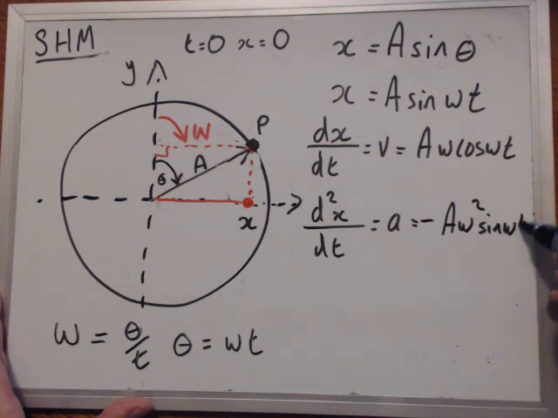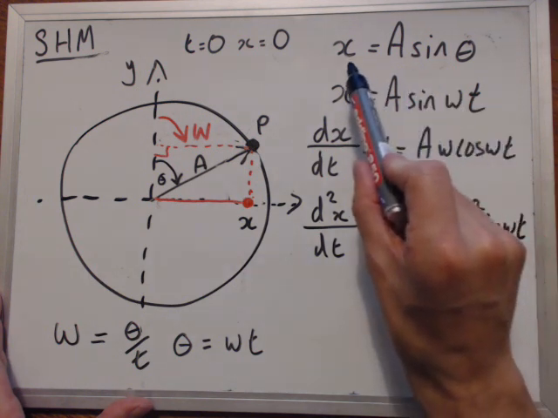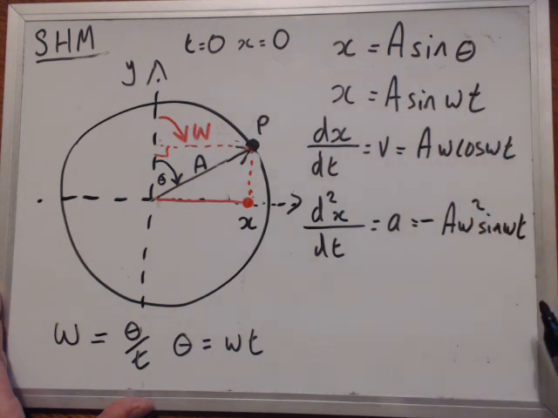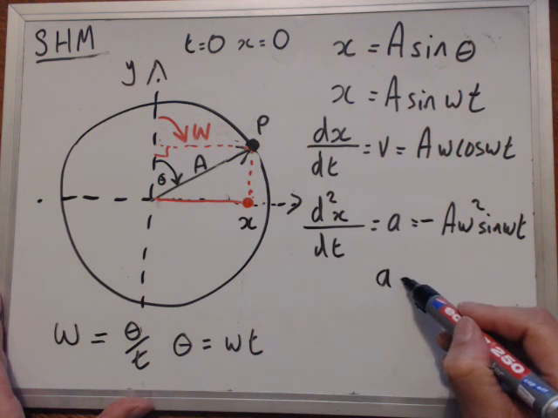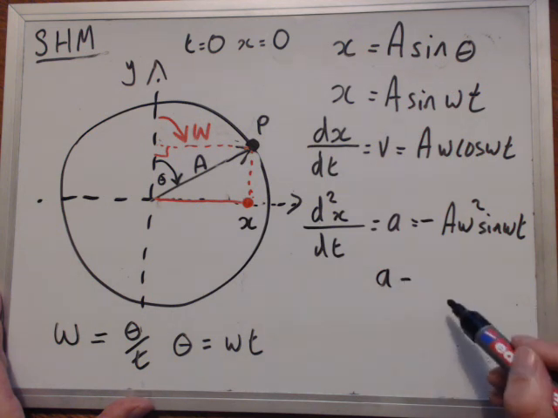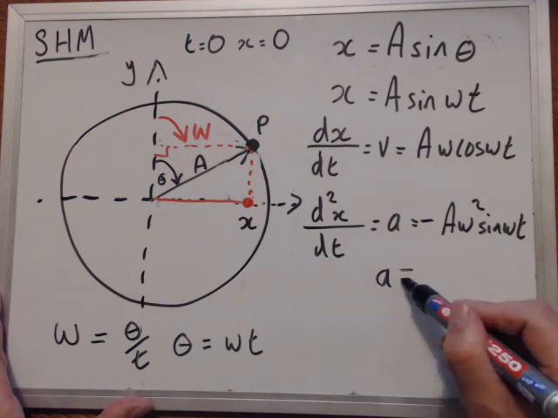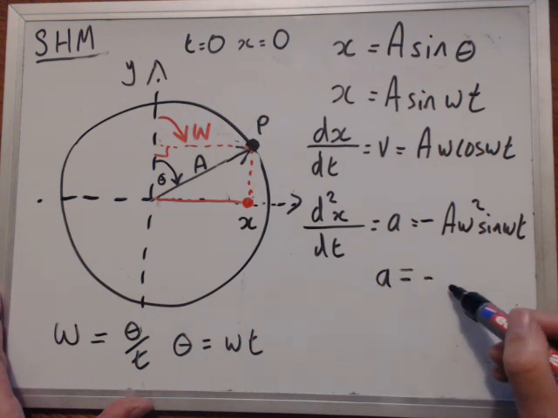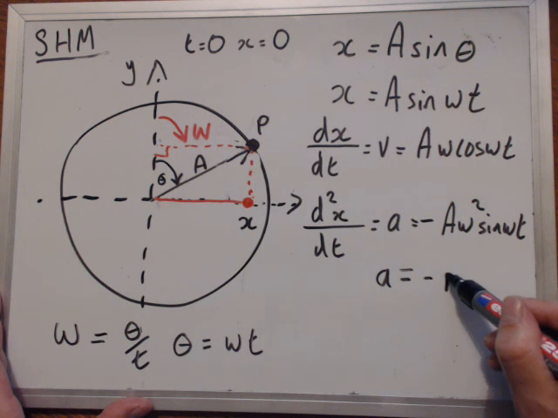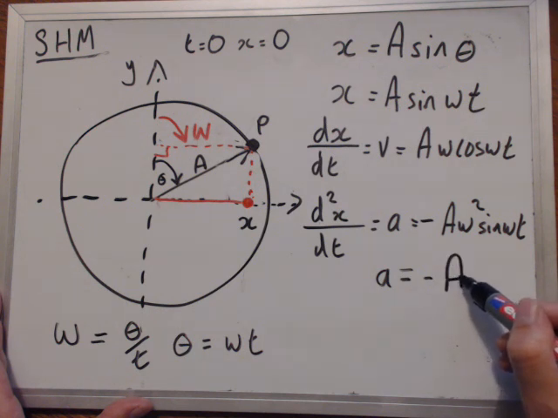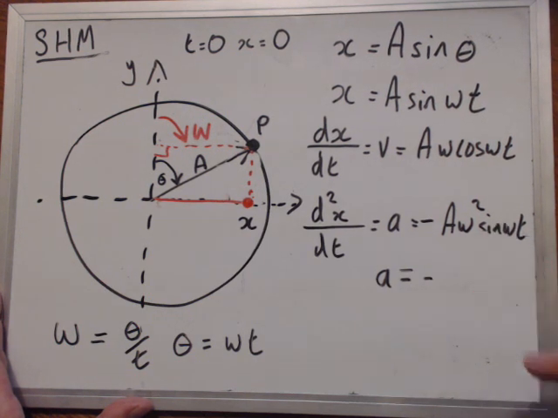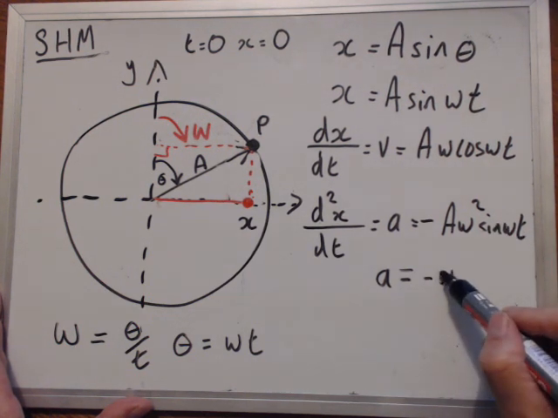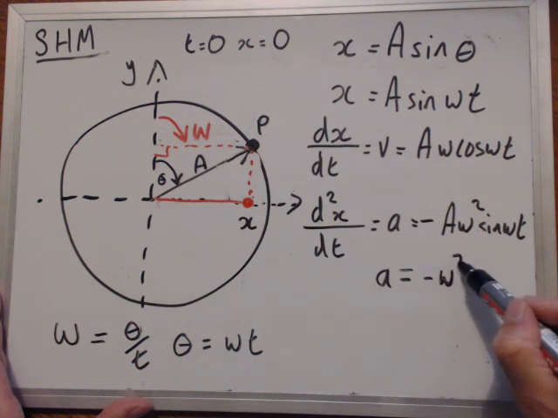Now, we see up here that x equals A sine omega t. So we could write the acceleration as minus omega squared x.